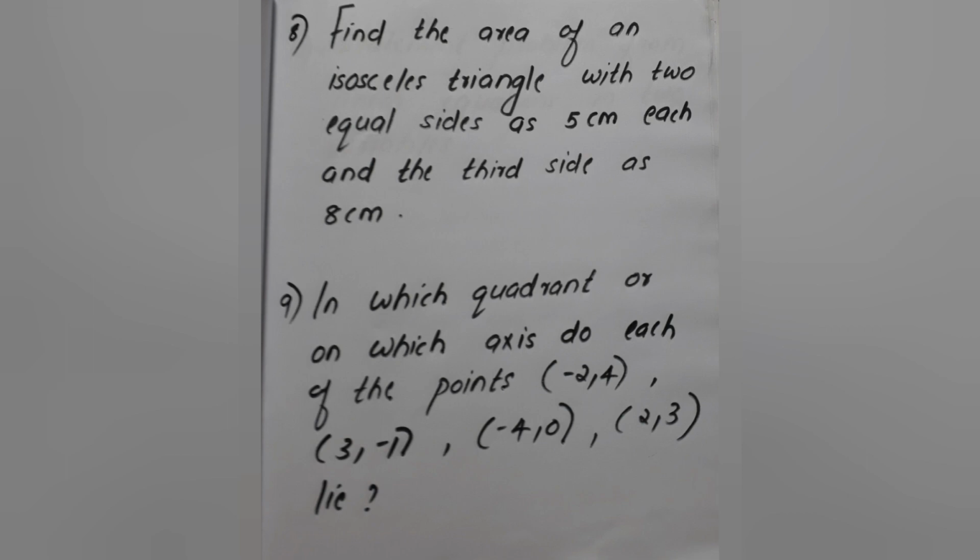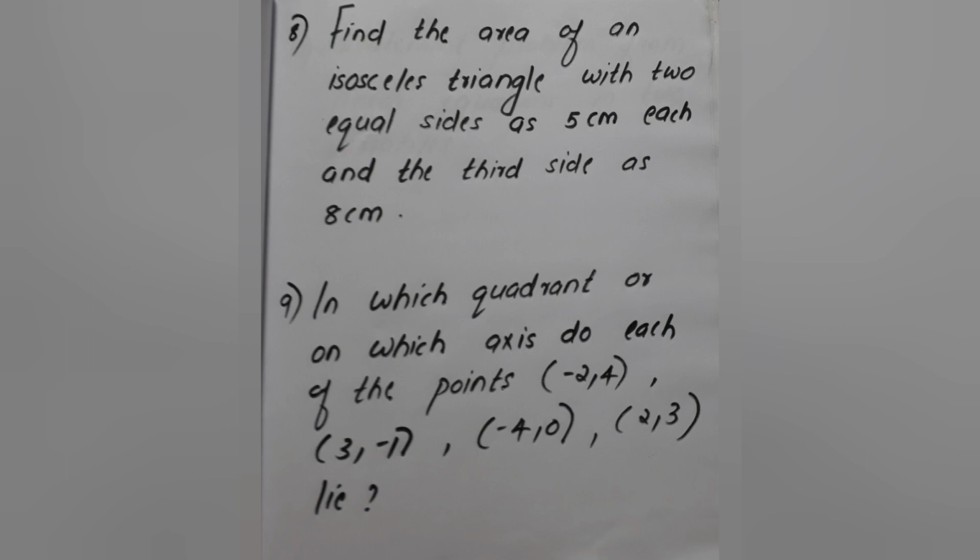Next, the eighth question: find the area of an isosceles triangle with two equal sides of 5 cm each and the third side as 8 cm. We have studied Heron's formula. Apply Heron's formula and find the area of the isosceles triangle.